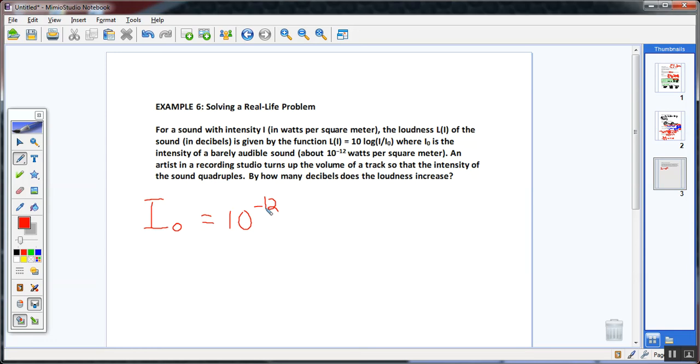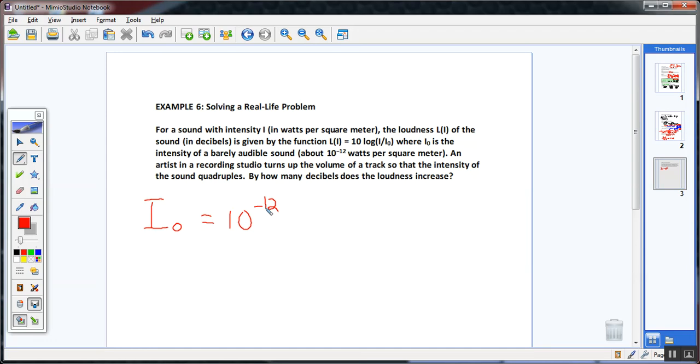It says, for a sound with the intensity I, the loudness L of I is given by the function L of I equals 10 log I divided by I sub O, where I sub O is the intensity of a barely audible sound, about 10 to the negative 12 watts per square meter. An artist in a recording studio turns up the volume of the track so that the intensity of the sound quadruples. Okay? So the intensity quadruples.